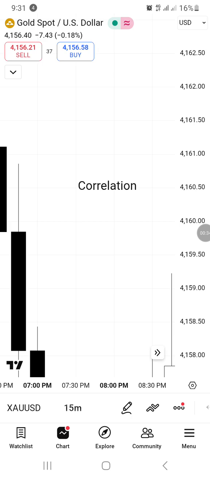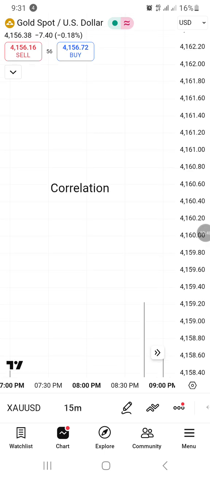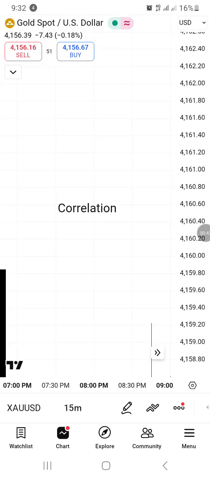For correlation, there are some pairs that do move in a similar way. For example, now we have the Euro USD and the GBP USD. They have a positive correlation whereby they do move in similar ways. If one of them is buying, even the other pair will be buying.